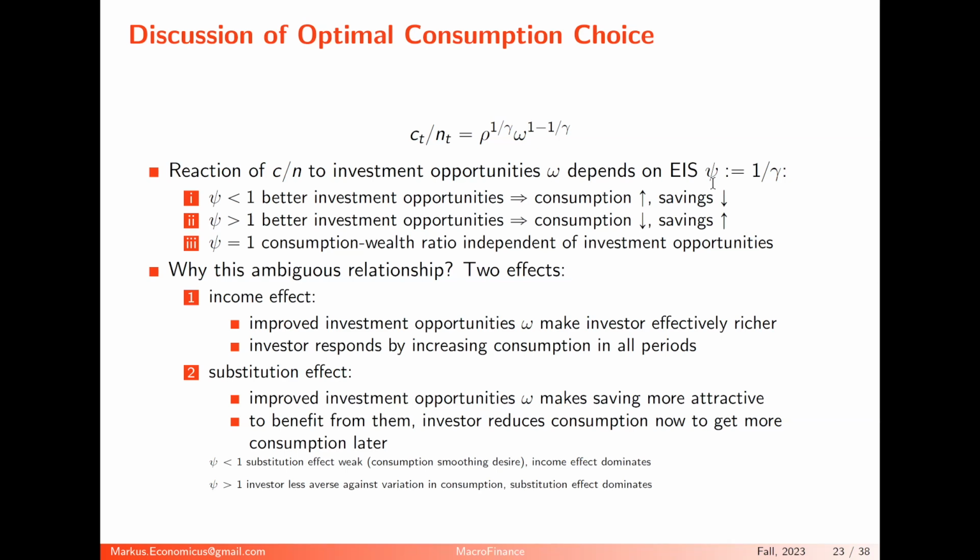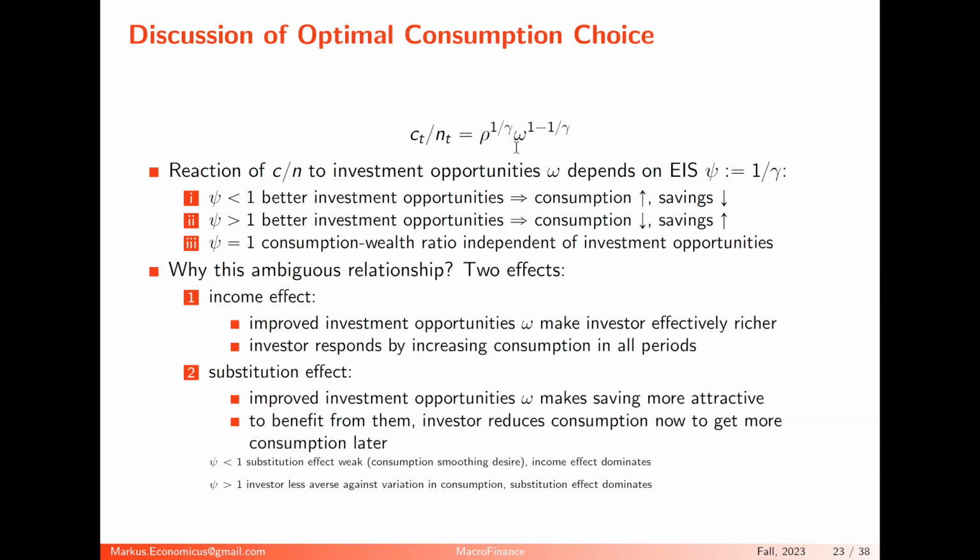So people with high gamma or low psi, low intertemporal elasticity of substitution, they want to smooth across time a lot. And if you have almost a linear utility function, you're fairly risk neutral, you're also willing to smooth across time very easily. You say, oh, I can just give up something today, and then you substitute in and take advantage of this investment opportunity. So this omega reflects these investment opportunities that come up. And how do you feel?